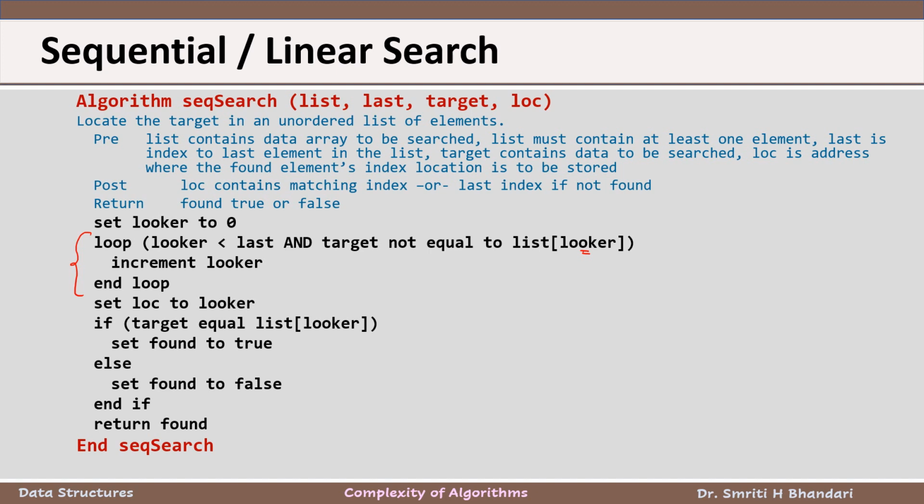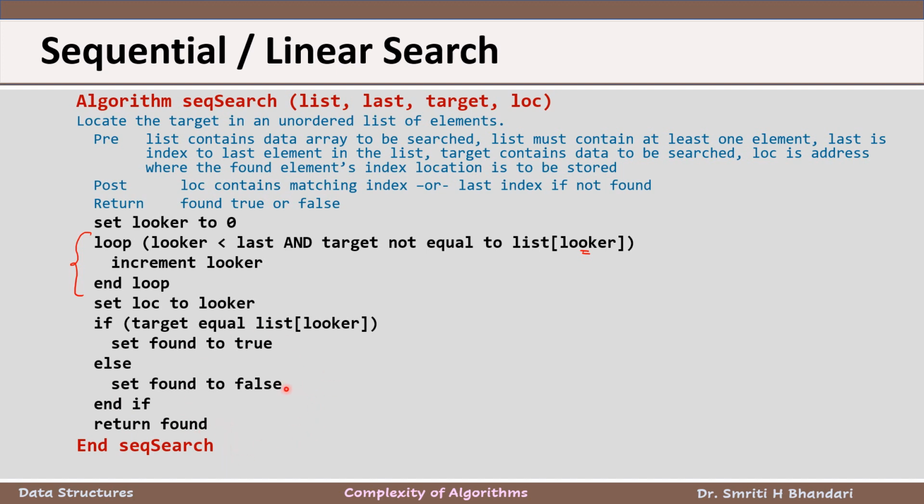So if target is equal to list looker, then we set the flag found to true. Otherwise, we set the flag found to false, right? And we are returning this found, right? So this is our algorithm.